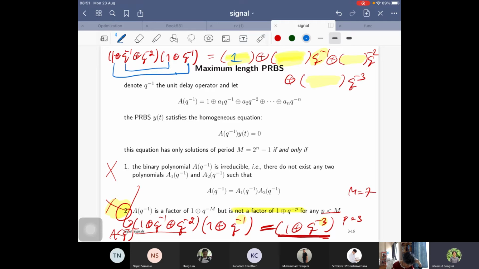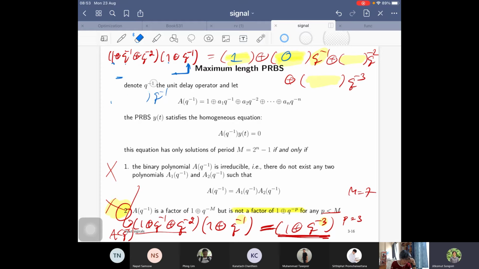What's the result? Q minus 1 multiplied by 1, which is Q minus 1. You have 1, and then what about this term? That gives you 1. But what is the result of modulo 2 here? It is 0. So that's why you get the coefficient of 0.